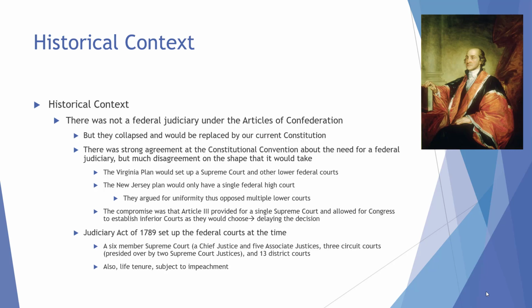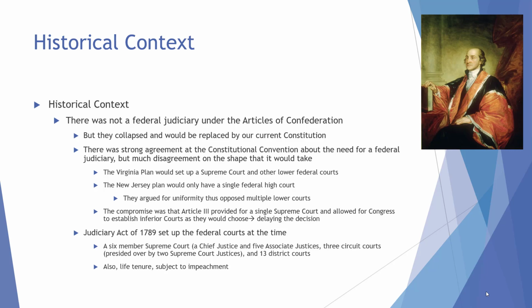You had small states, population-wise, and large states. You had states that had designs on some of the territory that were not states west of the Appalachian Mountains. Some of the states were almost putting territorial claims to them.